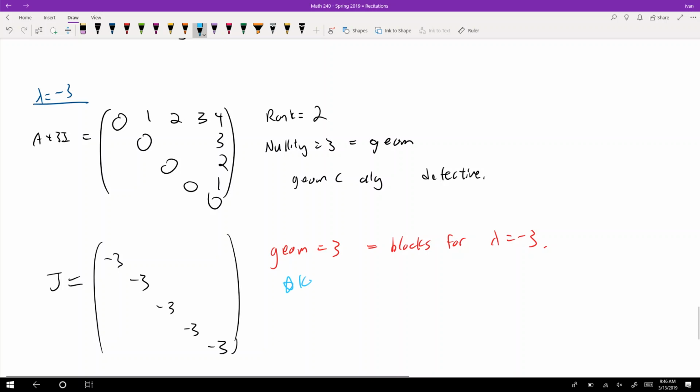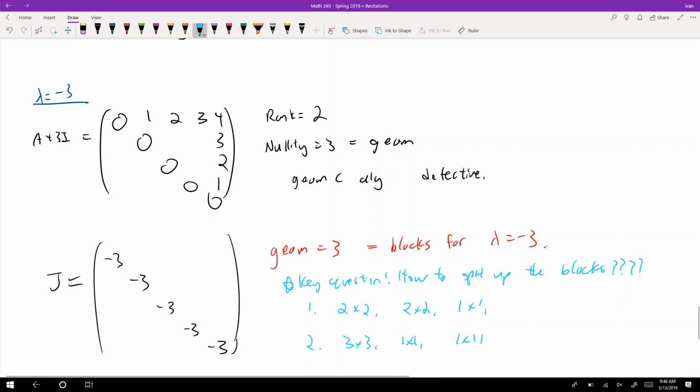So the key question here then is how to split up the blocks. Okay, and how many ways can you do it? Well, there's really only two ways. The first way is 2 by 2, 2 by 2, 1 by 1. And the second way is 3 by 3, 1 by 1, 1 by 1.